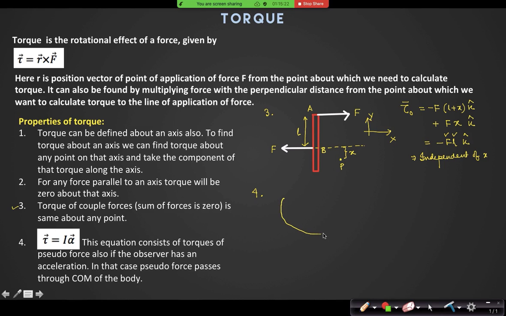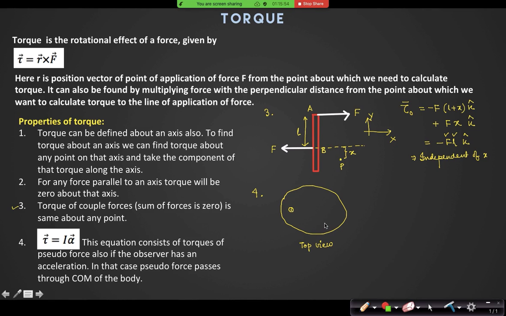For example, there is a body which is hinged here and the axis of rotation is coming towards us. I am seeing a top view of a planar body, and this is the axis of rotation coming towards you.